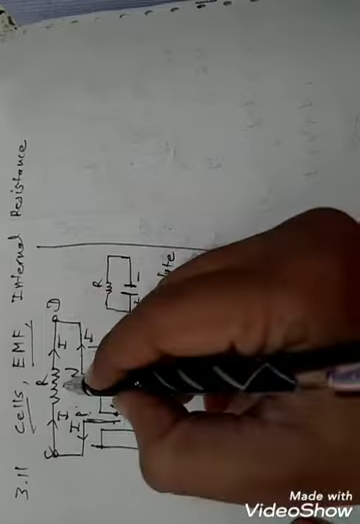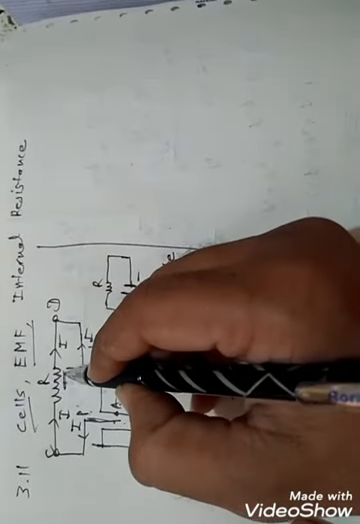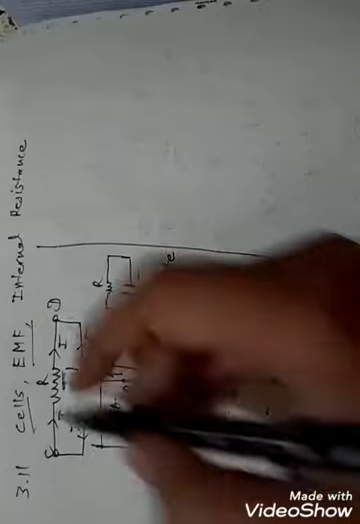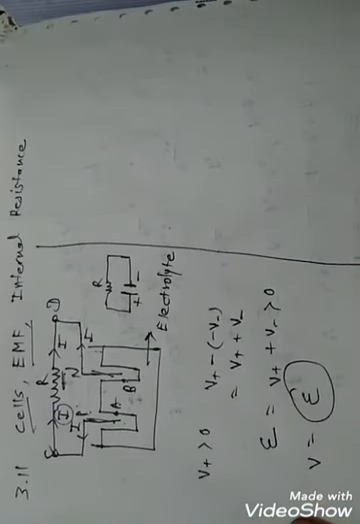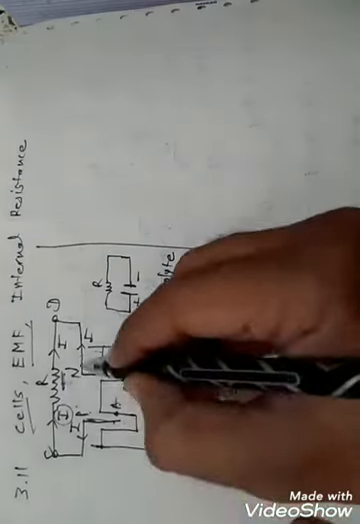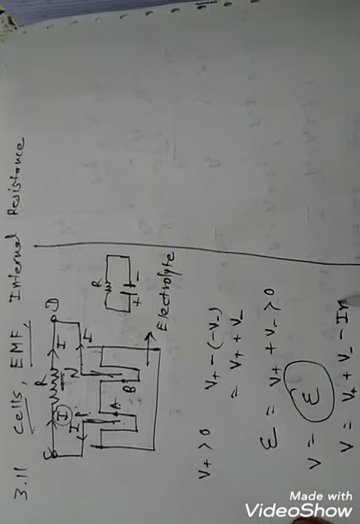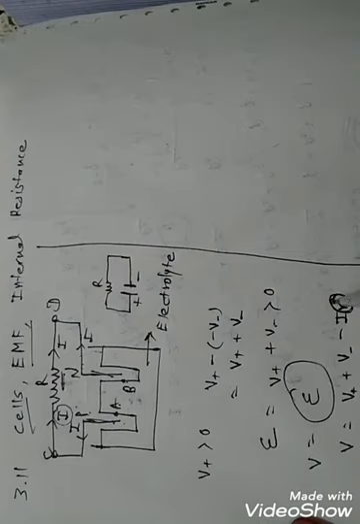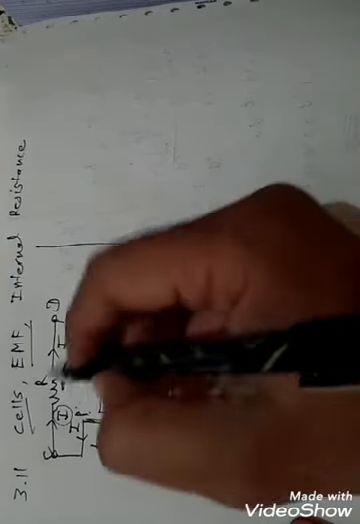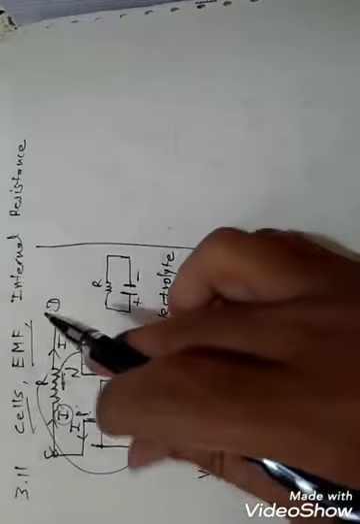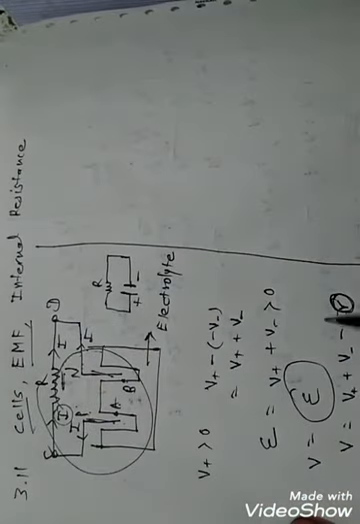If however R is finite, I is not 0. In this case the potential difference between P and N is V equal to V plus minus V minus, which is E minus Ir, where small r is the internal resistance of this cell.